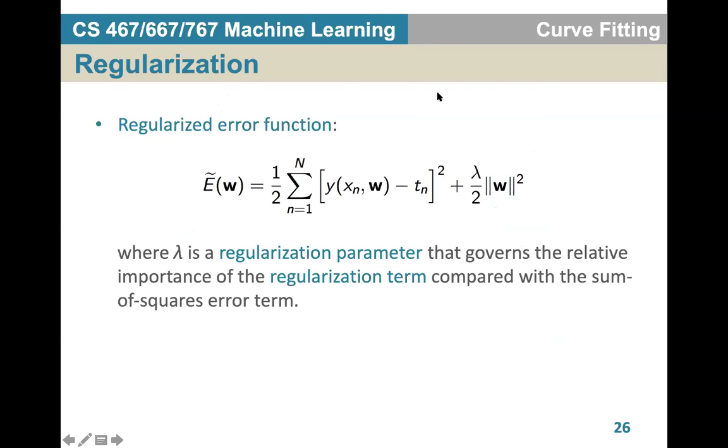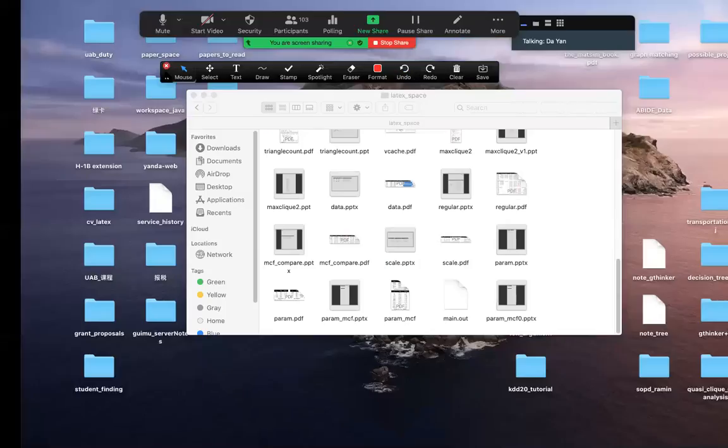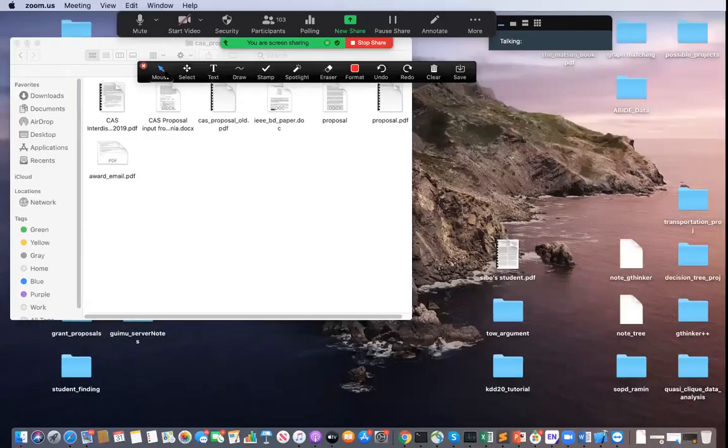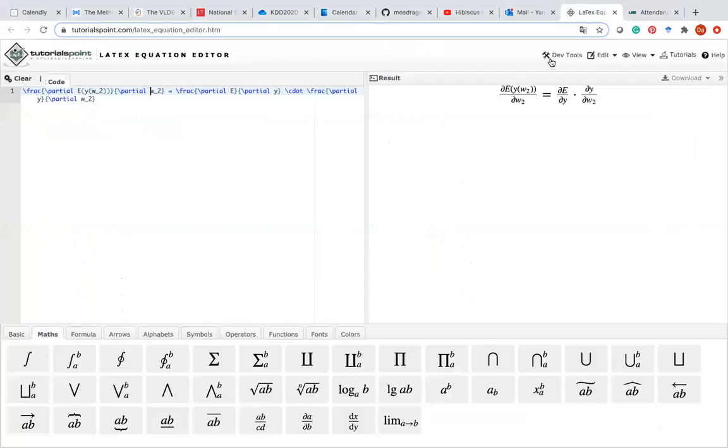So what I mean is this, for example, let's go back to here. Yeah, I'm not sure whether this is a good way because it's kind of slow, right, to type, but let's see. So basically we have W. So we are using boldface, right?